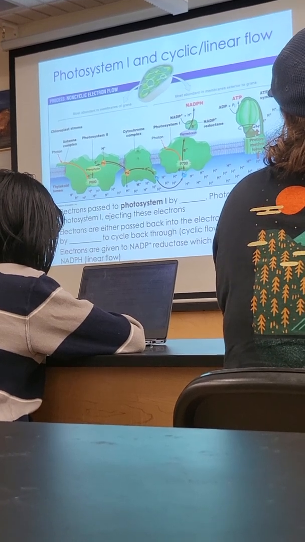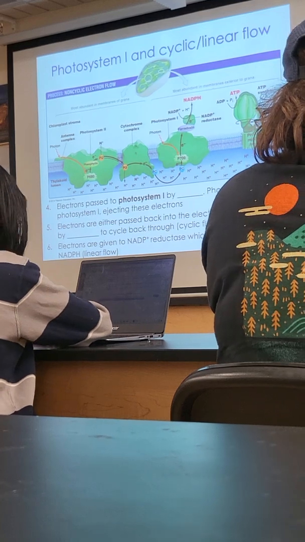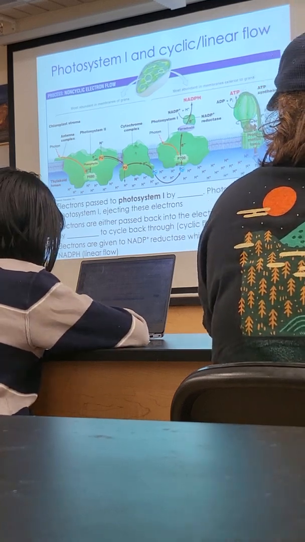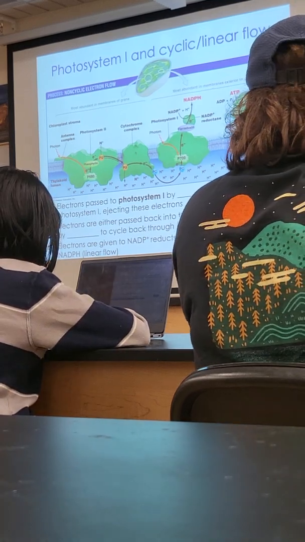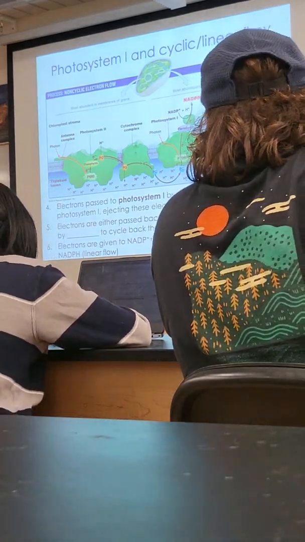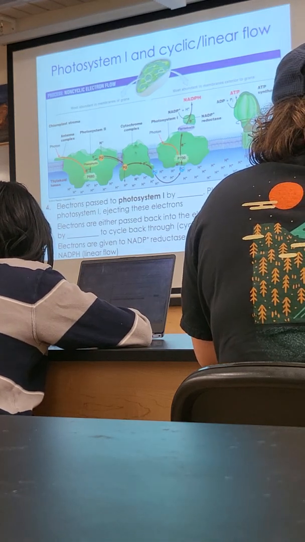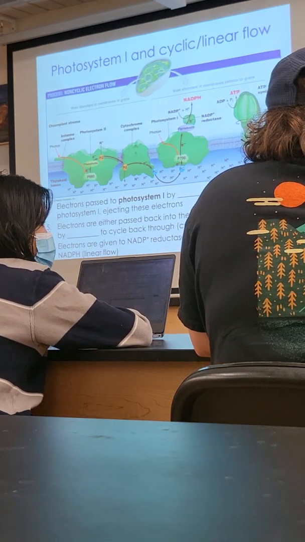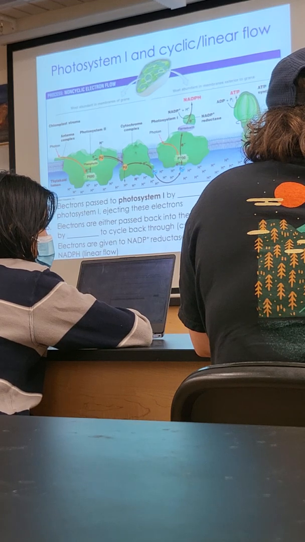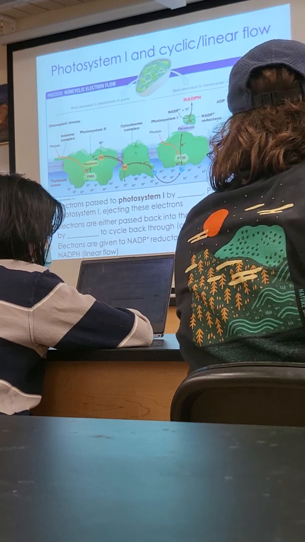Okay. So again, I'm going to try to put us back into the context of in the chloroplast, where are we at, and then what are we making? Oh, sorry. How often does it switch between the cyclic and linear flow? That's a great question. There has to be factors that are sensing ATP levels and triggering to switch. I don't know all the molecular details of that, but there's got to be some kind of a mechanism that is sensing ATP.